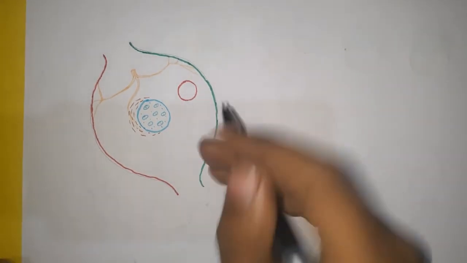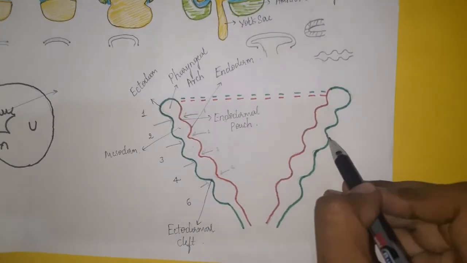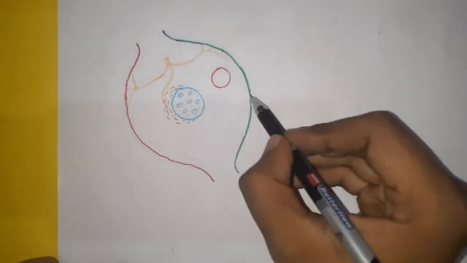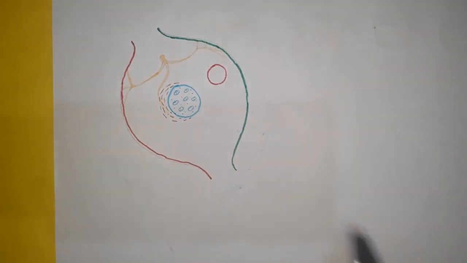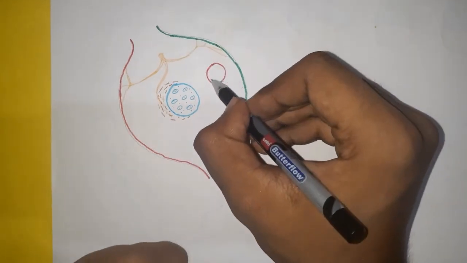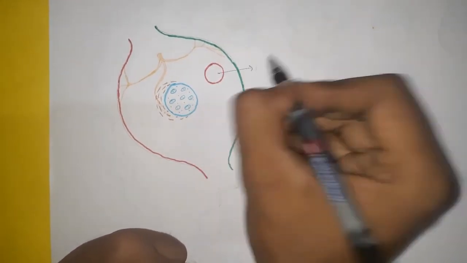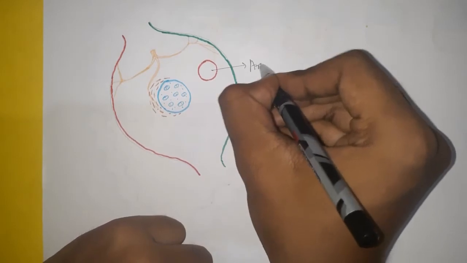Remember, in this figure, this is the ectoderm, this is the endoderm. Same here, I have taken one pharyngeal arch, ectoderm, endoderm. Firstly, this is the arterial arch.